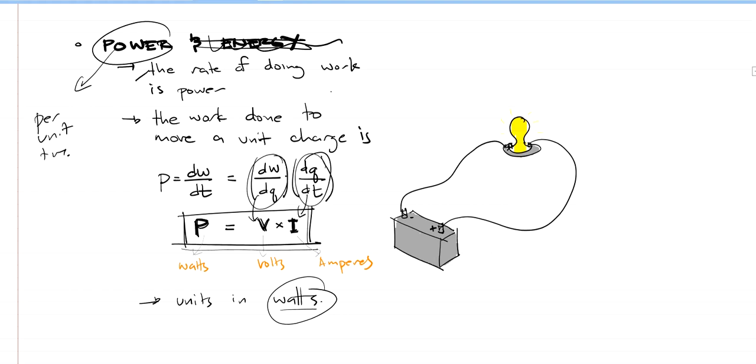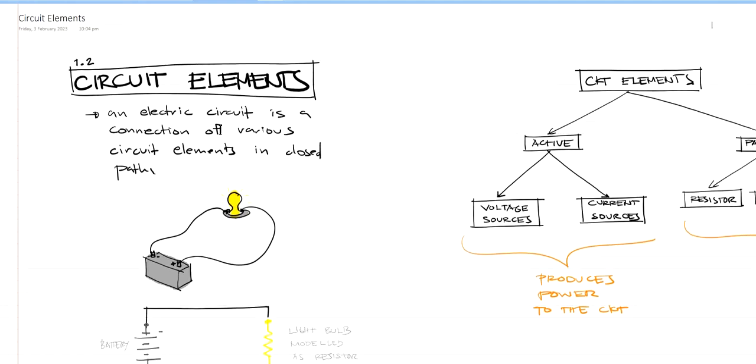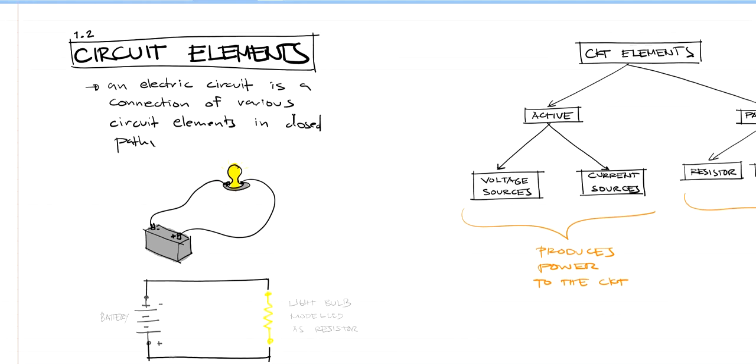Okay, so now let's talk about the circuit elements. So a circuit is a connection of various circuit elements in closed paths. When we say elements, it's something like the building blocks of a bigger circuit. So what are those that comprise that bigger circuit? Or you can relate this to structures, where we have structural elements, right? So let's say a building.